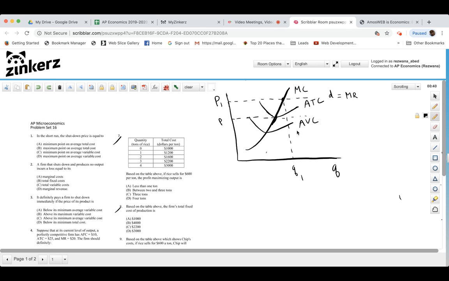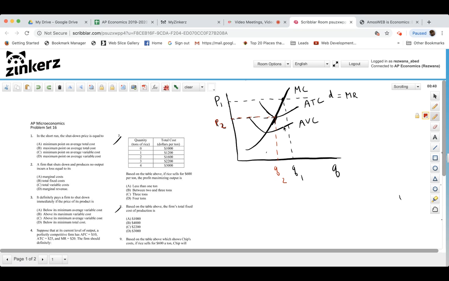What is special about that point, Max? P2, what is special about that price? I don't know. It is normal profit. Good, yeah, so it's normal profit, of course.